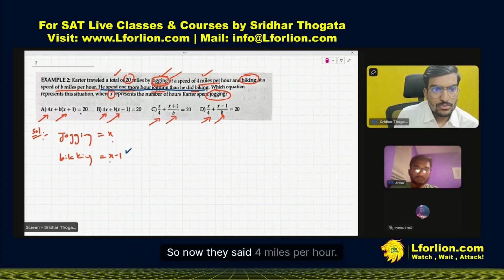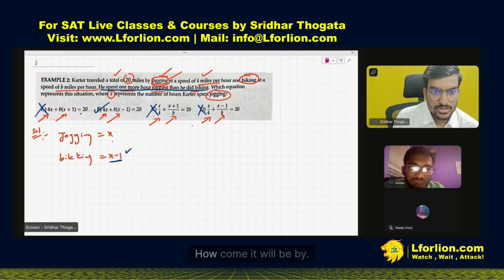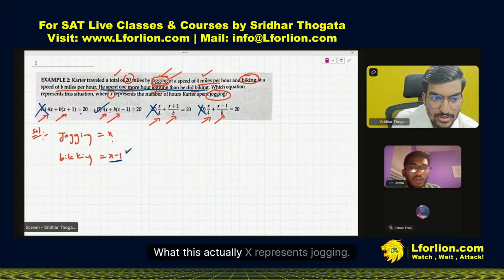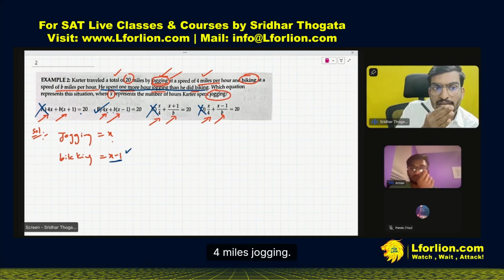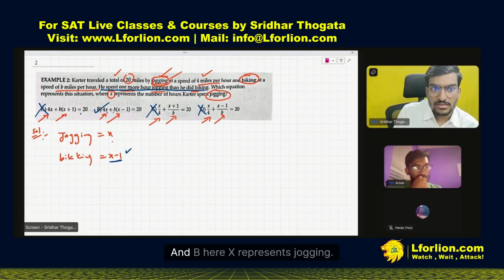Now they said 4 miles per hour for jogging, so obviously it is option B, not option D. You got my point? He did 4 miles per hour, and X represents jogging. If the 4 comes in the denominator, the meaning changes.